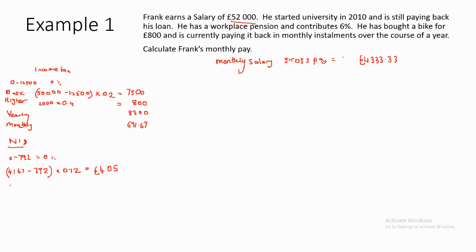You then need to work out the higher rate. So that is the amount left over. So 4333.33 minus 4167. That you pay 2%, 0.02.